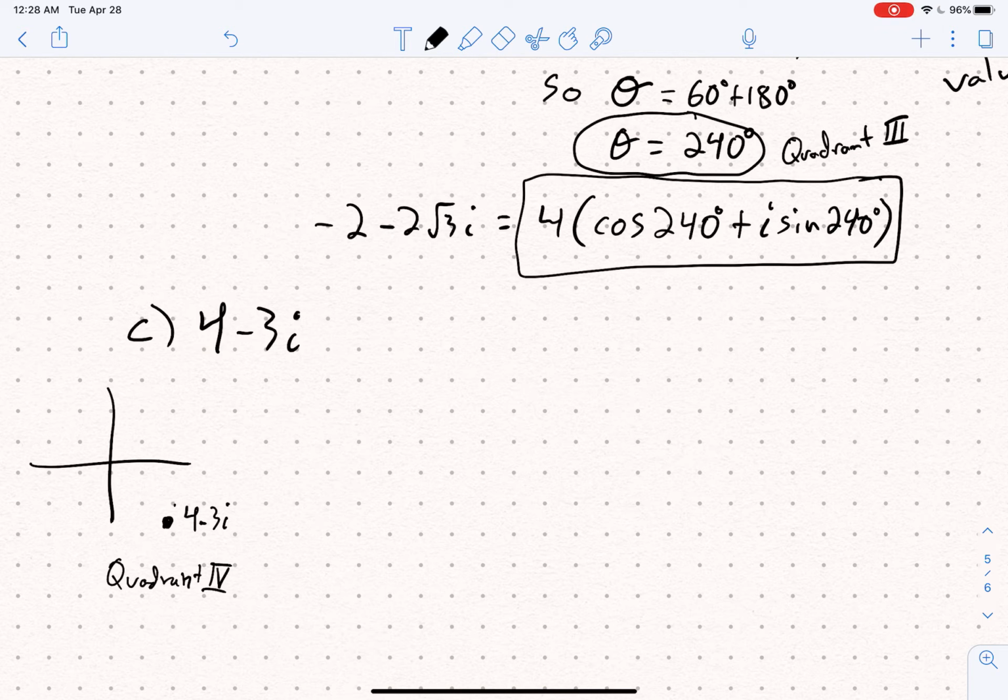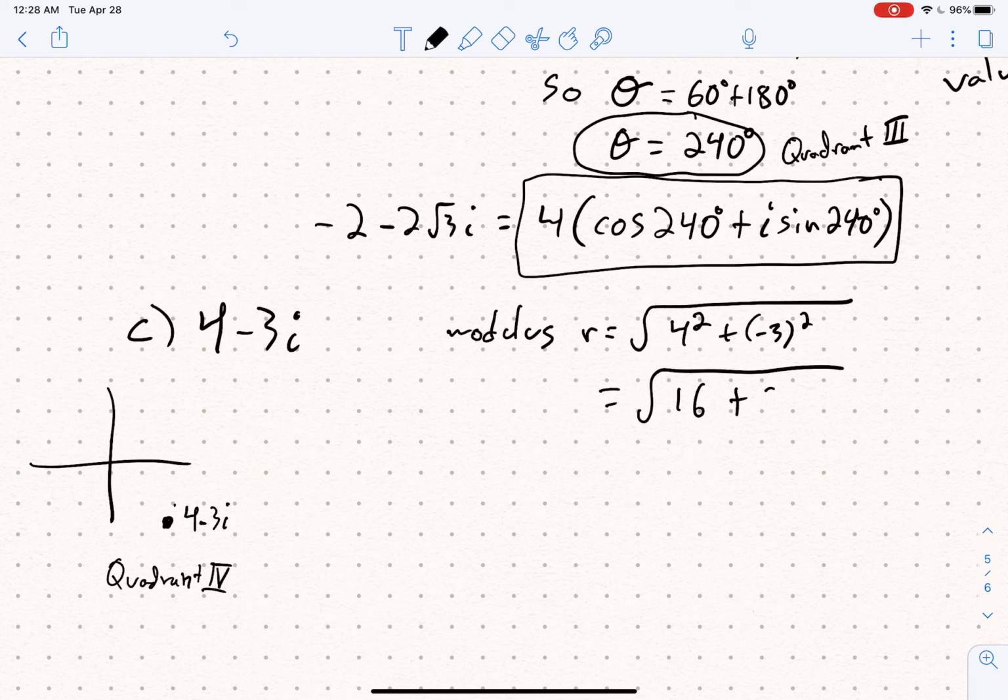Let's see, 4 minus 3i, let's convert this to polar form, so we need to find the modulus r. That's equal to the square root of a squared plus b squared, so the square root of 4 squared plus -3 squared. And that's the square root of 16 plus 9, which is the square root of 25, which is 5.